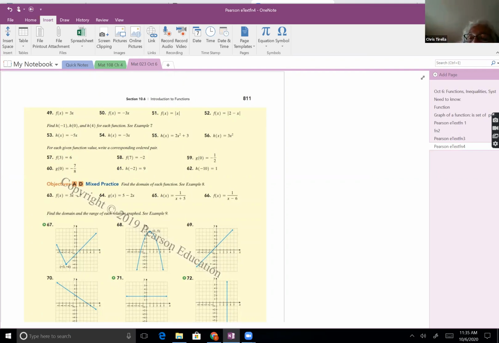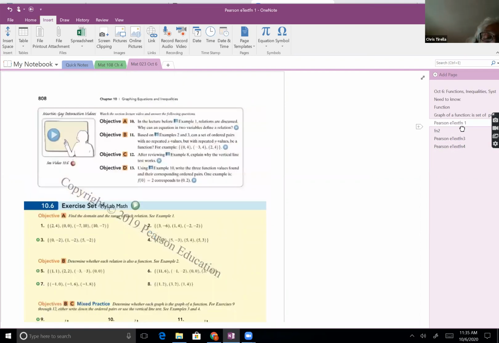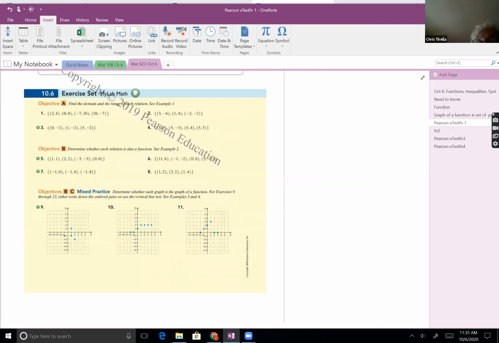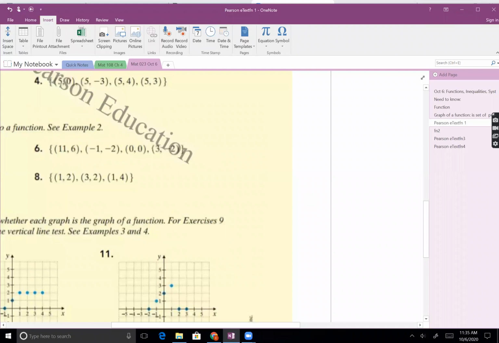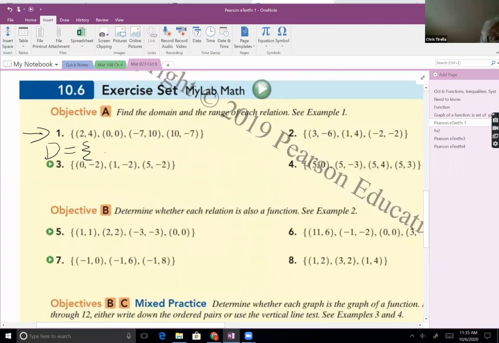So let's go back to that first function, the first page. And again, these are just copied from the virtual textbook. If anybody has a textbook, it's in there. Otherwise, it's the e-textbook. So let me look at number one. For question number one, what would you tell me the domain is? Can you guys see that, or do you need it bigger? 2, 0, -7, and 10. Is everybody right?